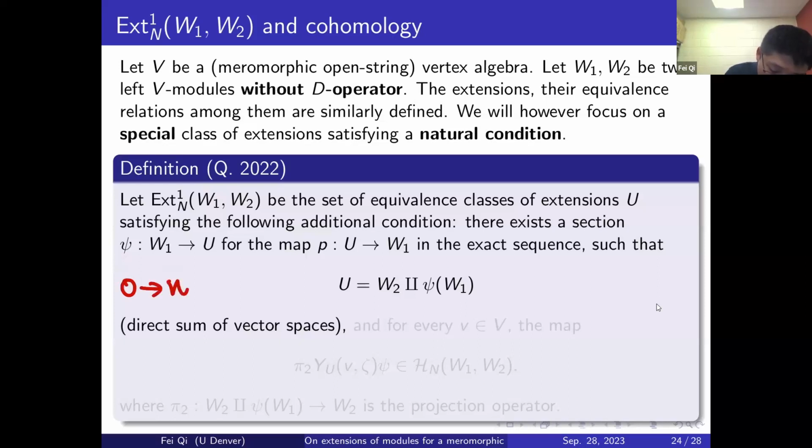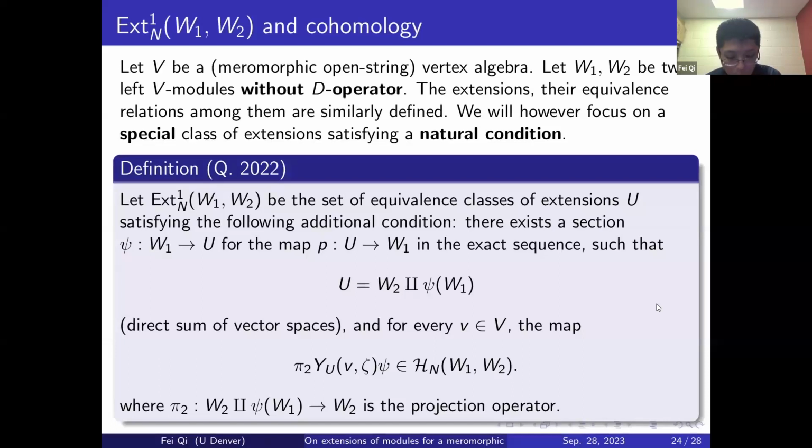for the map. Recall that the original exact sequence looks like this, and the P map is the projection from U to W1. We will require that this P map admits a section, but this section is not going to be a homomorphism in terms of vertex algebras. It is just a linear map. We require a section of C-linear maps such that the extension as a vector space is the coproduct of W2 and the image of the section.